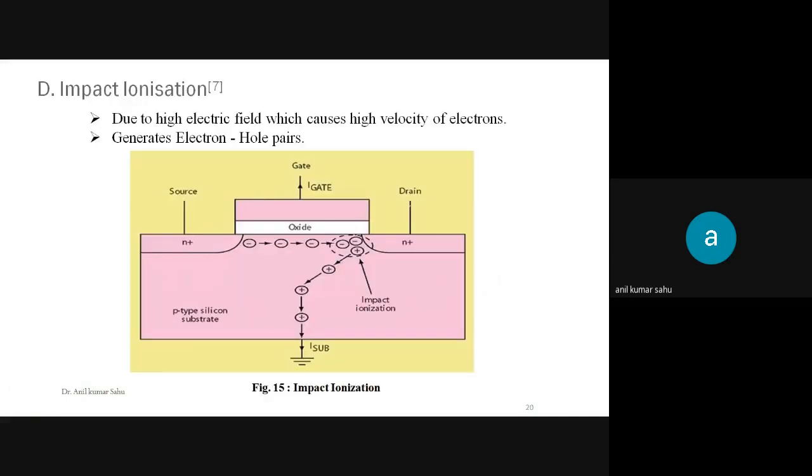Then there is another effect which comes under the short channel effect, that is impact ionization. It is due to a high electric field which causes high velocity of electrons.